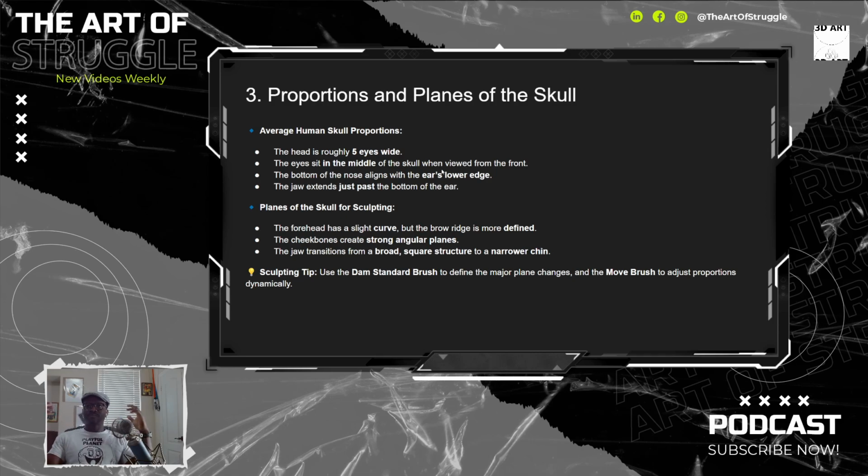So when approaching the proportions and planes of a skull, you got to keep in mind these basic principles. The head is roughly 5 eyes wide, right? The widest point is usually 5 eyes wide. Comic book artists made this kind of a mainstay for archetypes for heroes and things. You guys have probably heard of a character that is 7 heads tall, 8 heads tall.